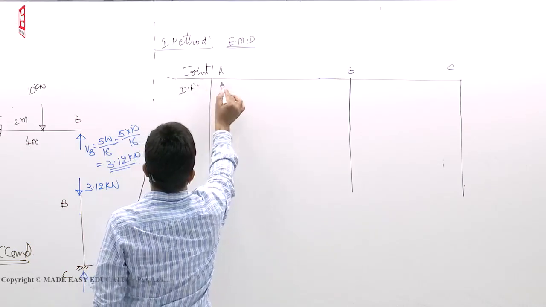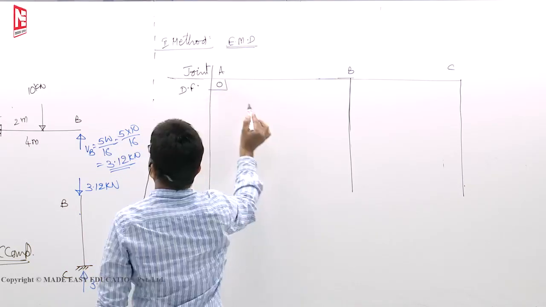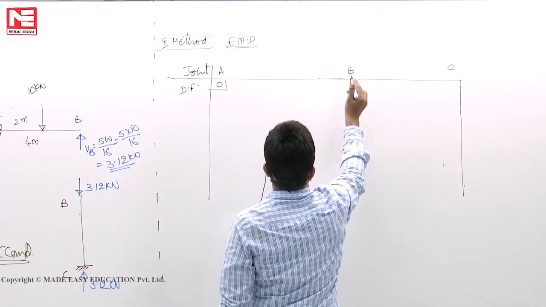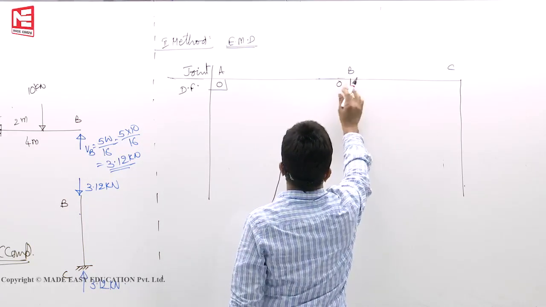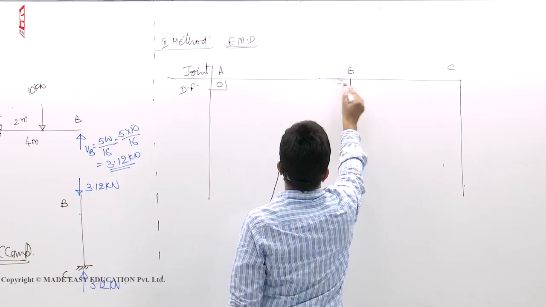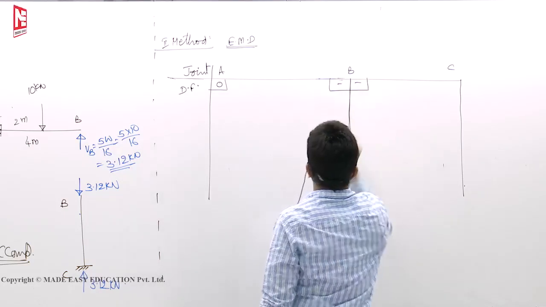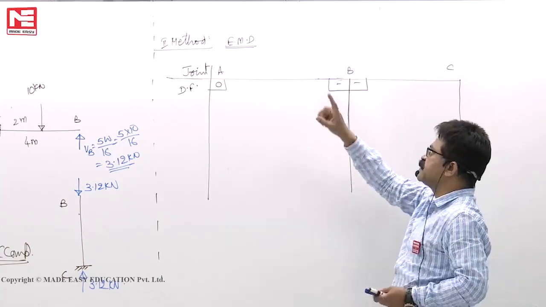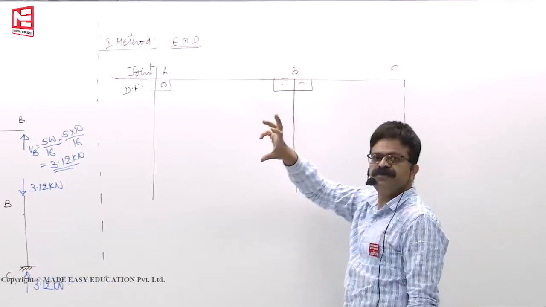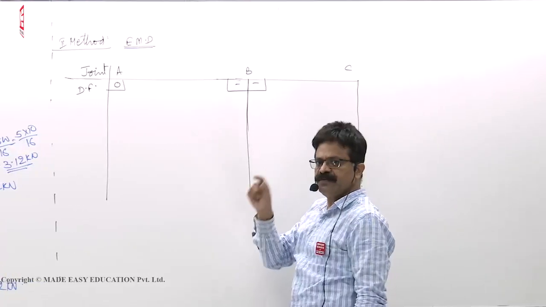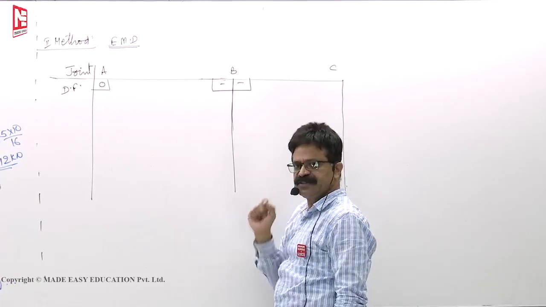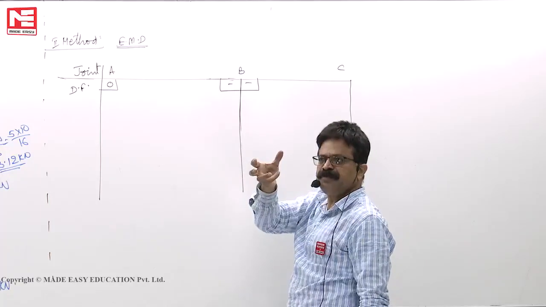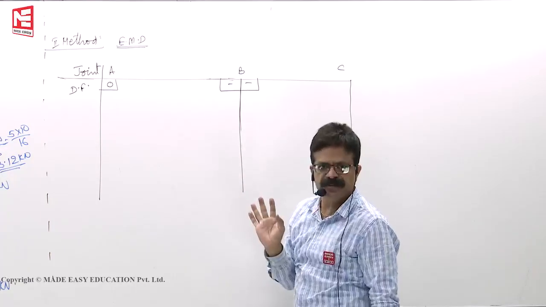Distribution factors. At A it is 0. B and BC, what we have to do? BA 0, not even 0, nothing we have to show. Why? I told you in the class that the distribution factors are defined for members meeting at a rigid joint. At B there is a pin joint. If at all you apply moment, the pin will rotate, nothing will be distributed.